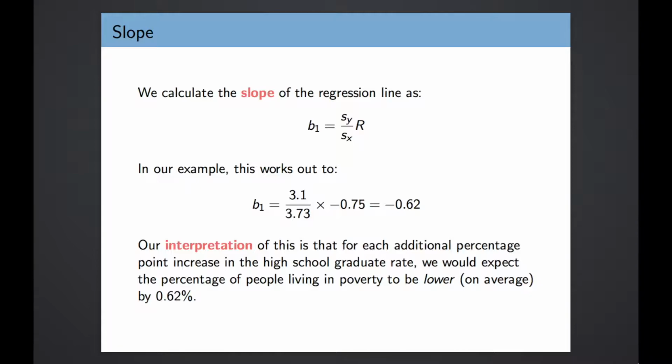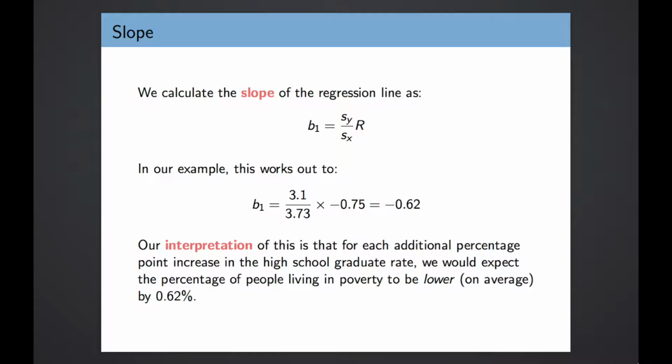Now, a useful thing to know is that because standard deviations are always positive, this standard deviation fraction here is always going to be positive, which means that the slope of the regression line is always going to have the same sign as the correlation coefficient. So if the variables are negatively correlated with one another, then the slope of the regression line will be negative. If the variables are positively correlated with one another, then the slope of the regression line will be positive. So that's good to know.